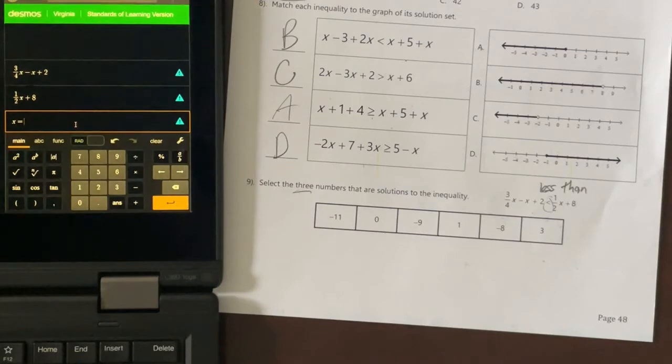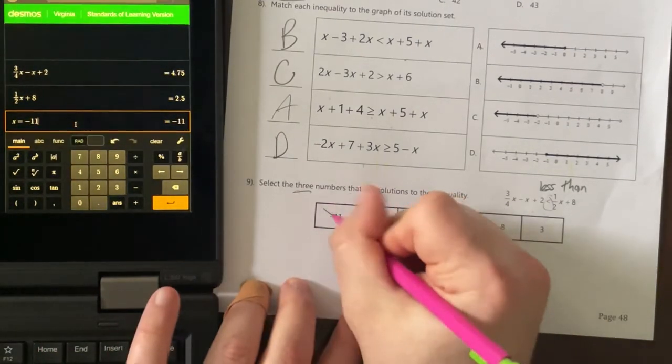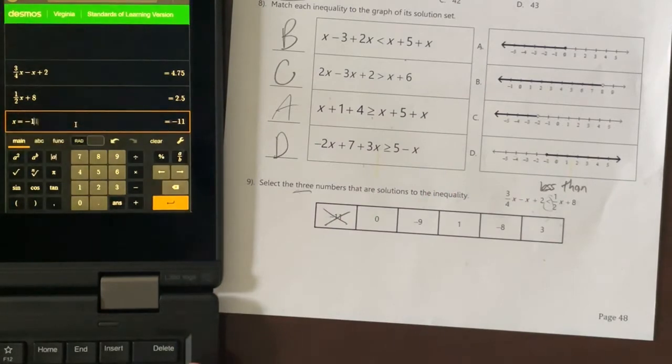So what about negative 11? That is false. What about 0? Let me make sure I typed it in correctly for this. 3x and then half, less than.